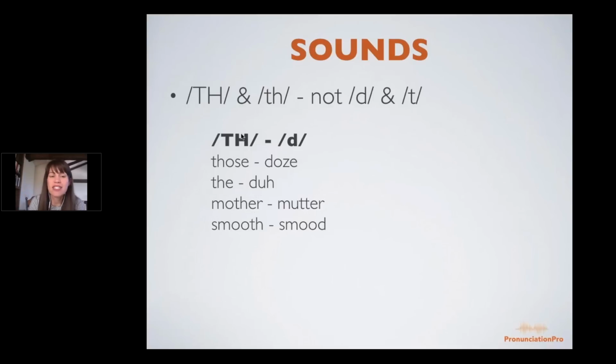In contrast, for the voiced TH sound, we have our tongue between our teeth. It doesn't have to be outside, like you don't have to be sticking your tongue out, but it does need to be between your teeth, in the middle there. Exactly. And the other difference is that we have more of a continuous sound in this.